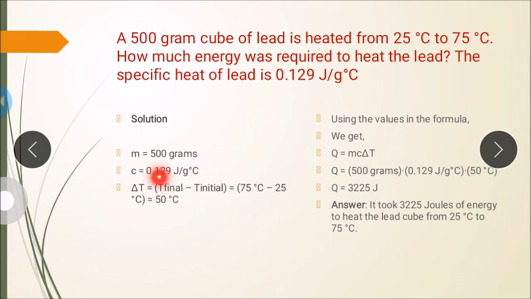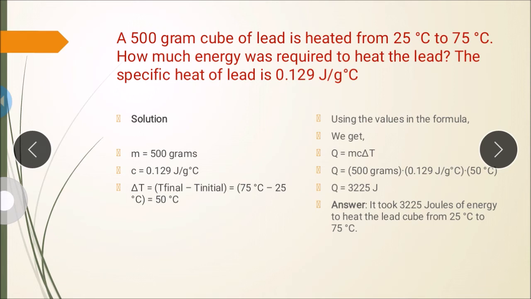Using all these values in the formula, for finding the energy required to heat the lead, Q, quantity of heat, is equal to m c delta T. m is 500 grams, c is 0.129 joules per gram degree Celsius, and delta T is 50 degrees Celsius.